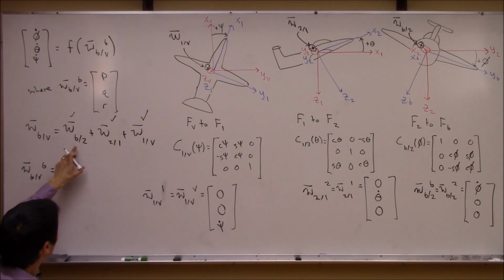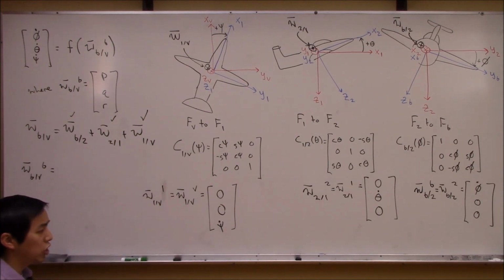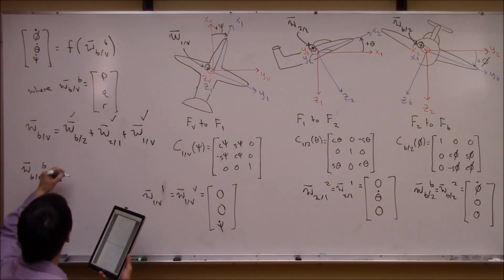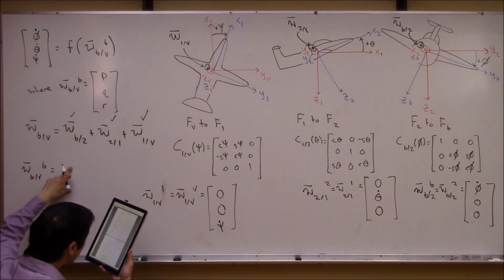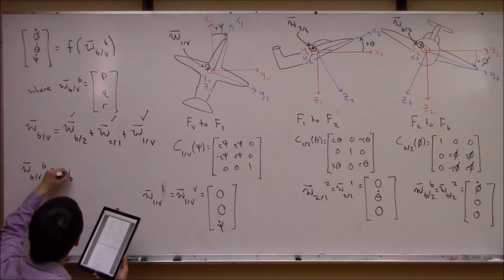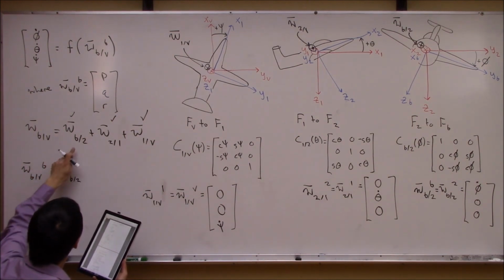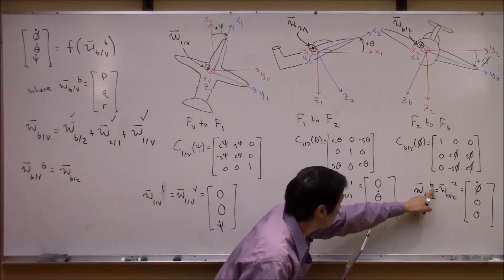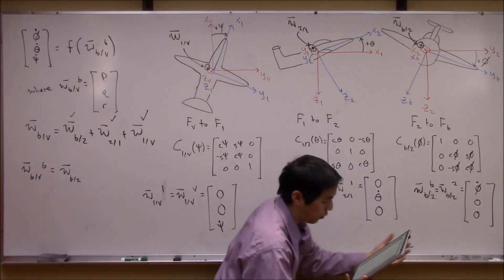I can still write it using my superscript notation, so we could write it like this. Wait a second, did I make a typo here? Oh, no, I got this right. So this is omega b with respect to 2. That's this term. Over here, we can choose to express it easily in either the body frame or the 2 frame. We can pick.